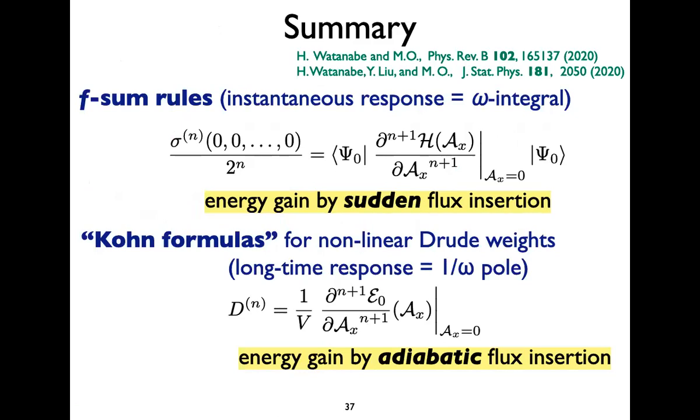You can replace this by just a finite temperature trace of this object with the density matrix. This is an n-th derivative of the n-th energy eigenvalue multiplied by the Boltzmann weight for the n-th state. At least formally we can generalize, but again, this order of limits issue also applies to finite temperature.